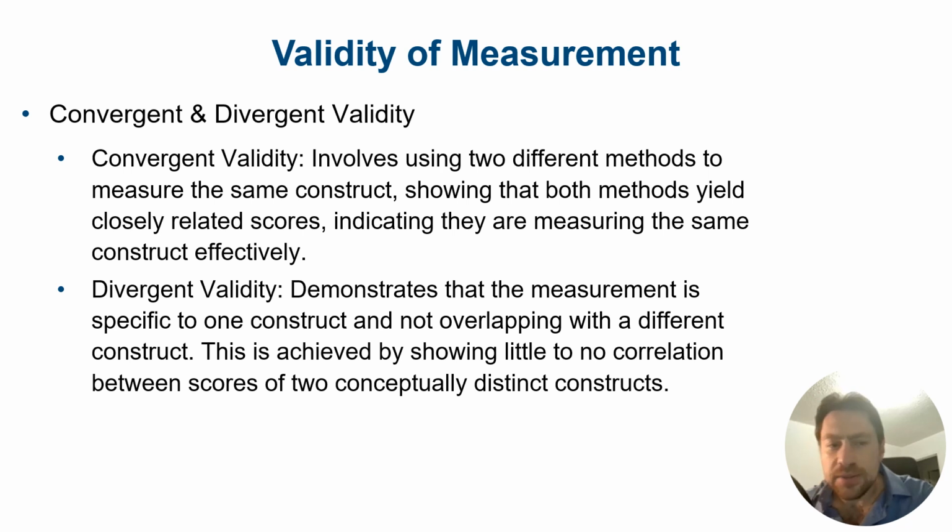By contrast, divergent validity is when you demonstrate that the measurement is specific to one construct, the construct that you care about, and doesn't overlap with other conceptually different constructs. And this is done by showing that there's little or no correlation between scores of two different distinct constructs.